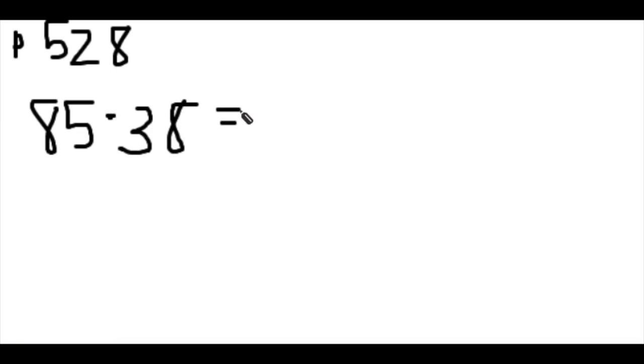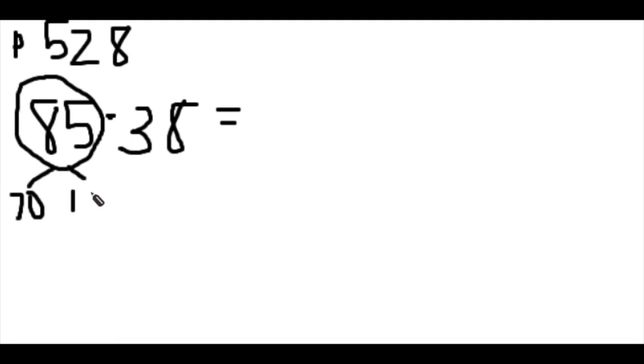All right, so what strategies do you have for subtracting 85 minus 38? Well, there's lots of different ways to solve this, but what I want to do is split up the 85 into a 70 and a 15. And the reason why I want to do that is because I can't take away 8 from 5, okay?